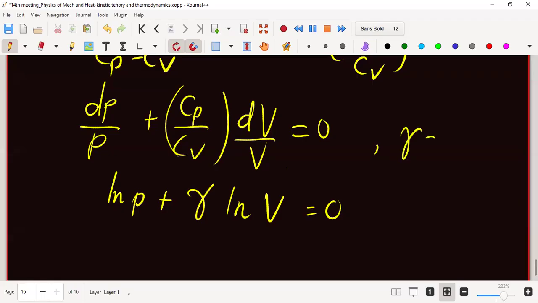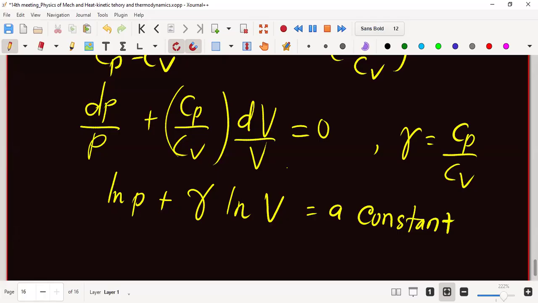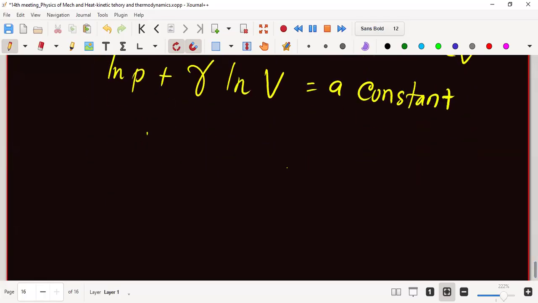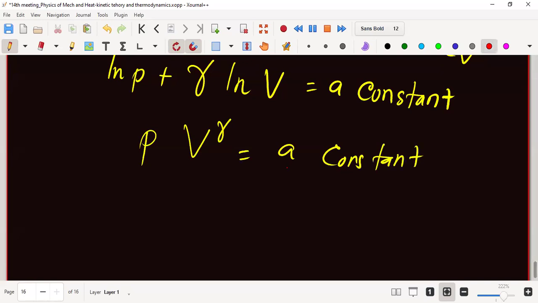Here gamma is Cp over Cv. So this one is not 0, but a constant. And then we can get that PV to the power gamma is a constant. Okay, this one is the proof of the adiabatic equation.